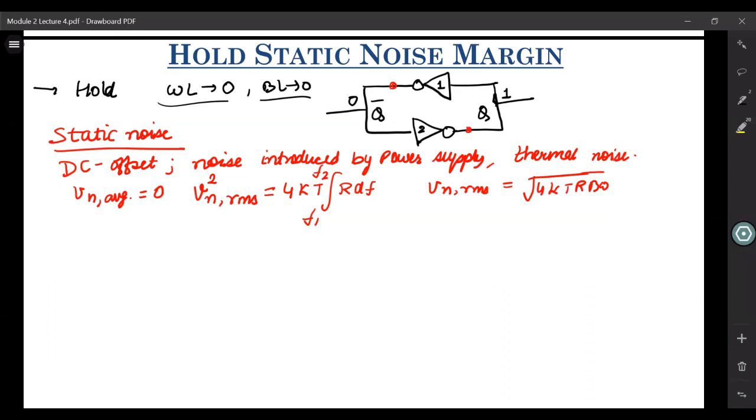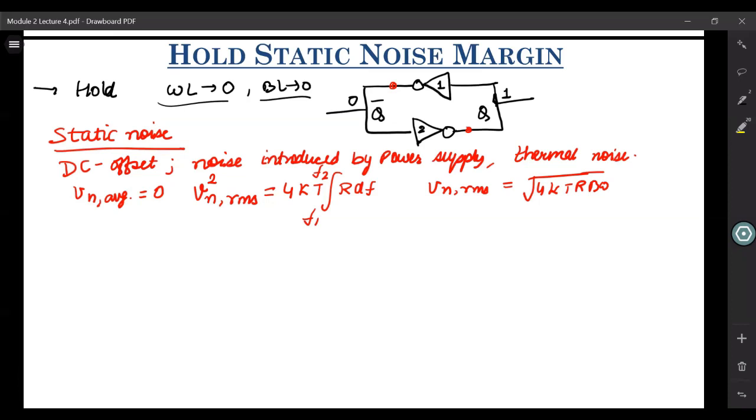And when they superimpose themselves on these input-output pairs, they may lead to flipping of your already stored data. So the static noise margin gives you the maximum value of the static noise that can be applied to the inputs and outputs of these cross-coupled inverters so that the cell content is not flipped. That is how you define your HSNM.